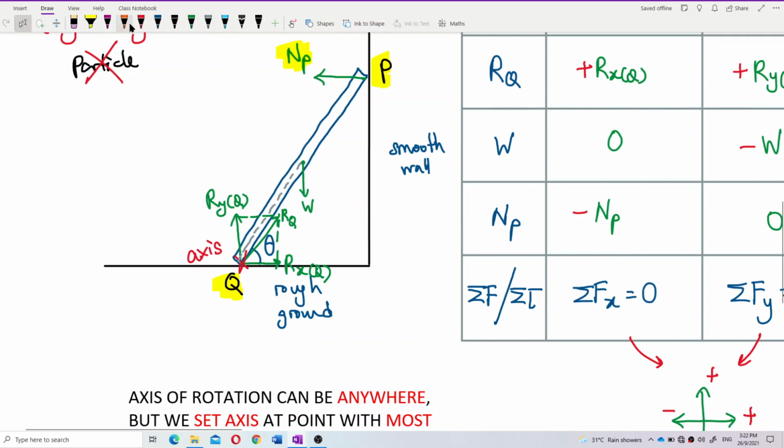Now we have to find the perpendicular component. Resolve this weight into the parallel and perpendicular components. But we need angles, and we don't have angles right now.